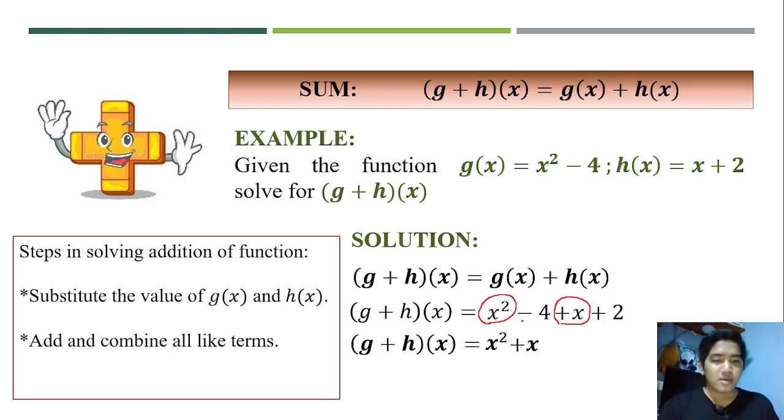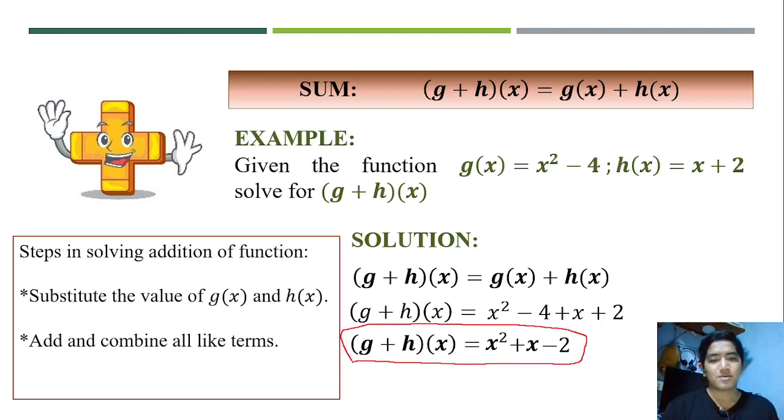Then we have negative 4 plus positive 2, which is equal to negative 2. So that is the combination of our functions. Our g plus h of x is equal to x squared plus x minus 2. This will be our final answer.